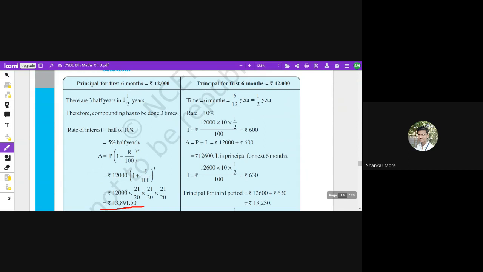Or should we take the full interest rate? Any answers in the chat box? No one? No one knows what we have to have? Okay. Any other answer?